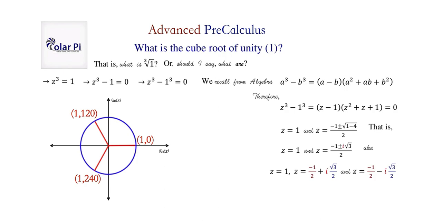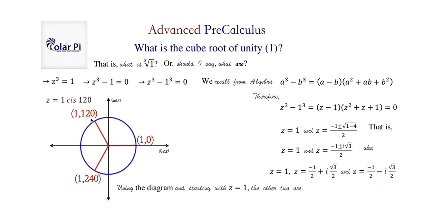And as I said, in r cis theta form, if we have the r and the theta, we can completely determine what complex number it is, and we can convert it into rectangular form, which is what these are called, if we so choose. So, for example, we can check that this is, in fact, this guy, because it would be 1 cis 120.